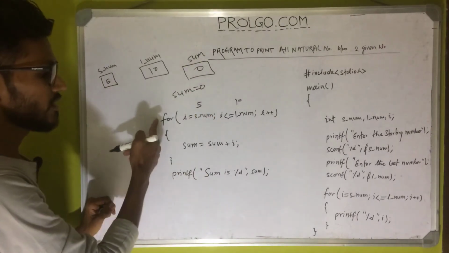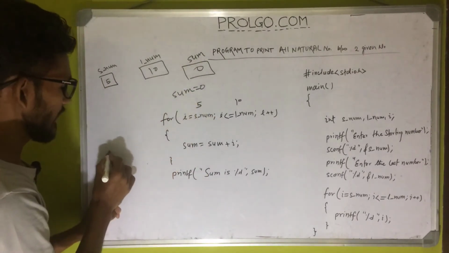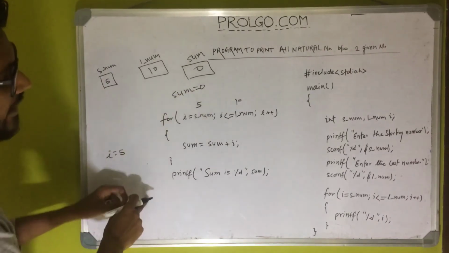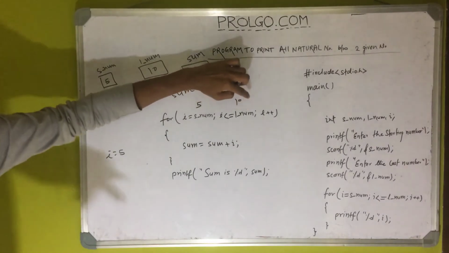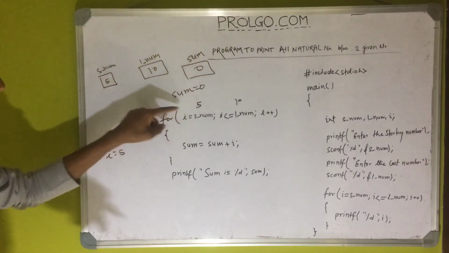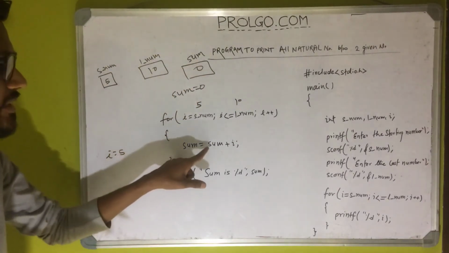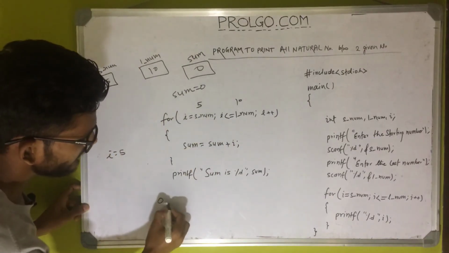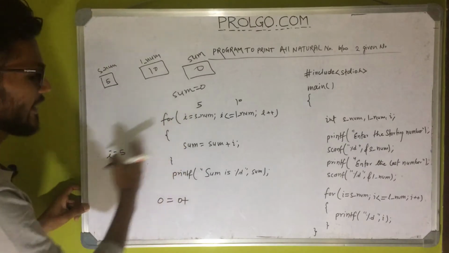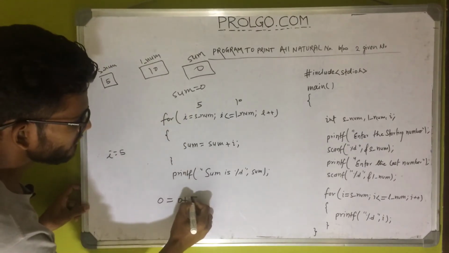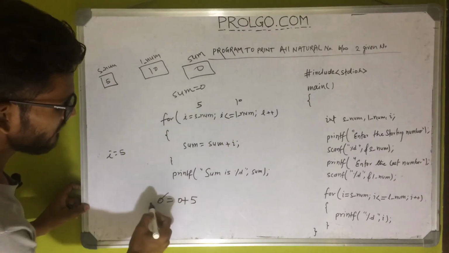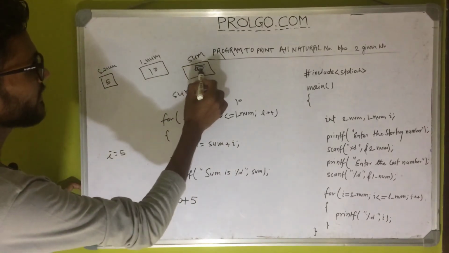Now when control comes here, it will be i is equal to 5, and i less than or equal to 10, yes it is true, so it will come inside, then sum is equal to sum plus i. As of now inside sum it is 0, 0 plus i. As of now the value of i is 5. So 0 plus 5 is 5, so it will be updated here as 5.